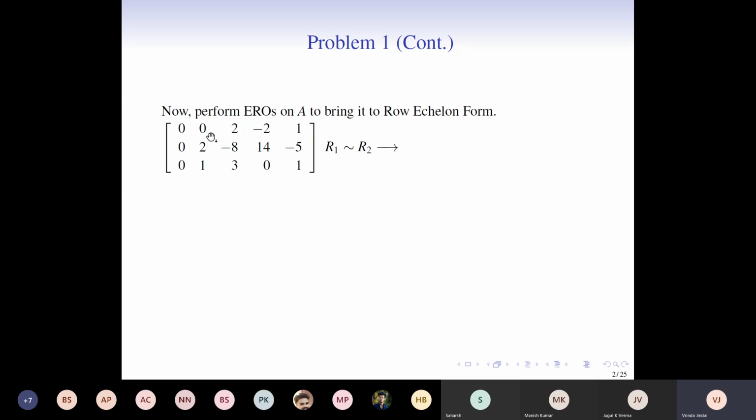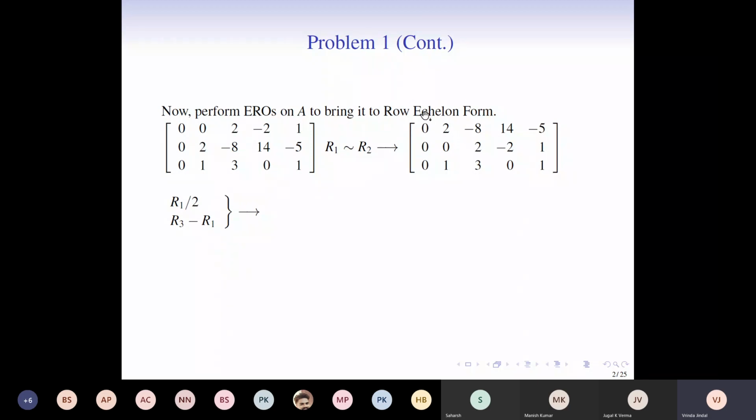We are doing this because we want to have a pivot at this place. The first pivot should appear at this place. So the exchange of row 1 and row 2 simply gives this transformed matrix. On this matrix, we make the 2 entry in the first row, in the second column, a 1, and for doing that we divide the first row by 2.